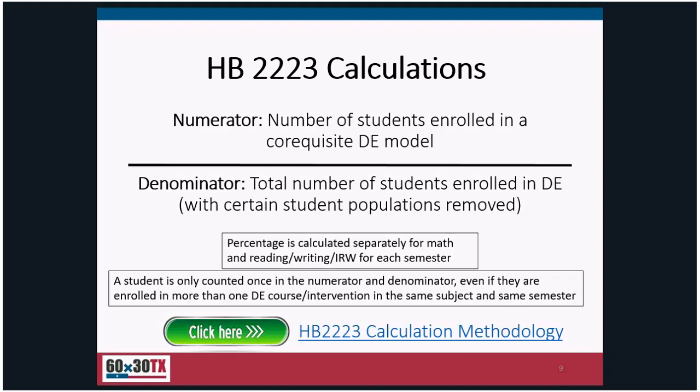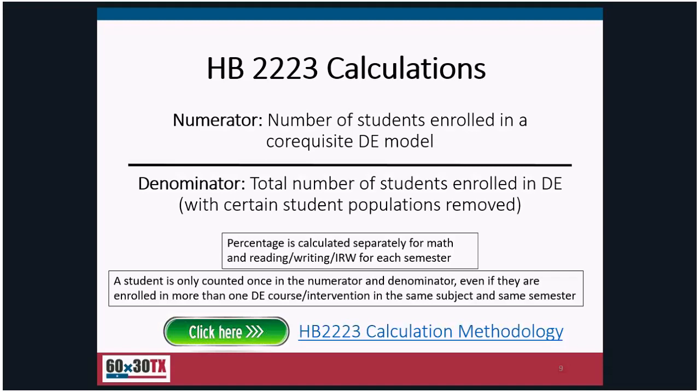If you click on the methodology and the worksheet, we try to be very specific in each of these exclusions. So that's a really good point, to pay attention to the students who will not be counted in that. And in the worksheet, it walks you through essentially all of the populations that you are to remove from the denominator.